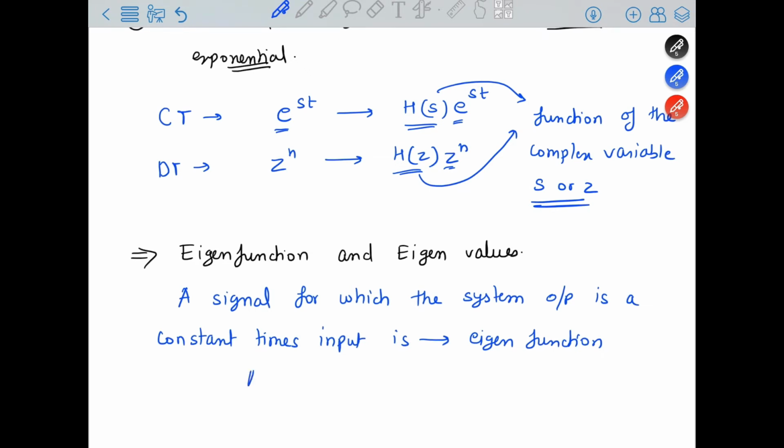And the amplitude factor is referred to as the eigenvalue.